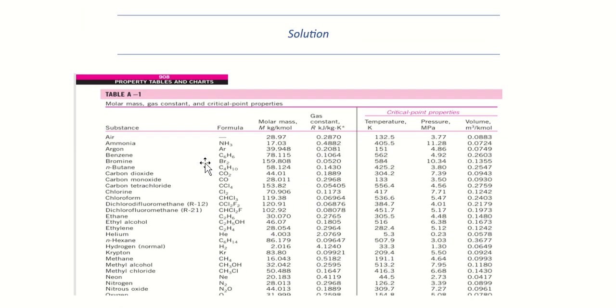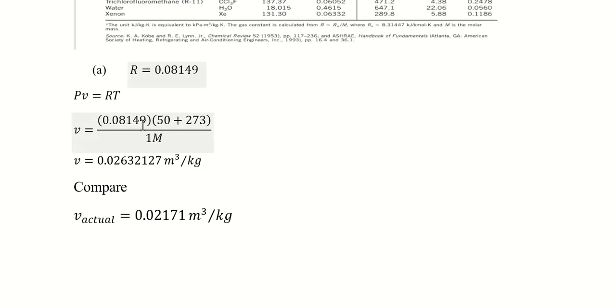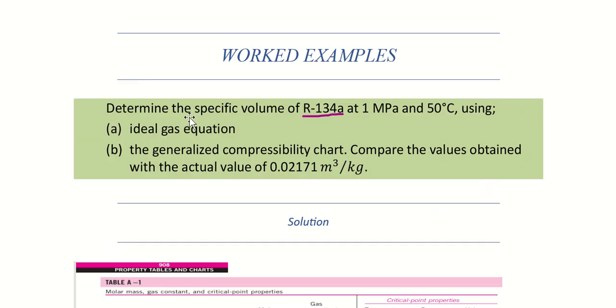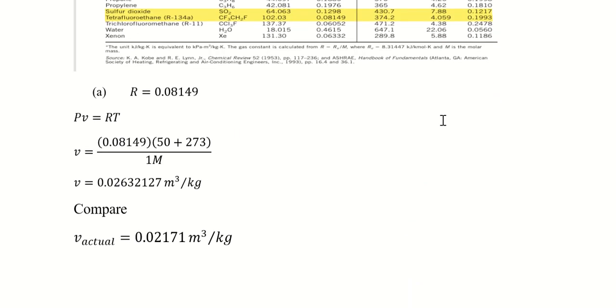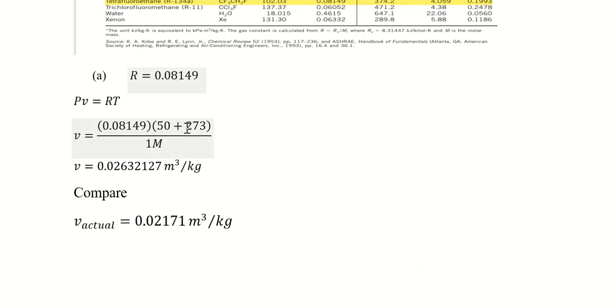So it's what we have and what we need. We have the gas constant given in the table. We have the temperature given in the question, right here, 50 degrees Celsius, and we have to convert to Kelvin by adding 273. And we have pressure as 1 megapascal.